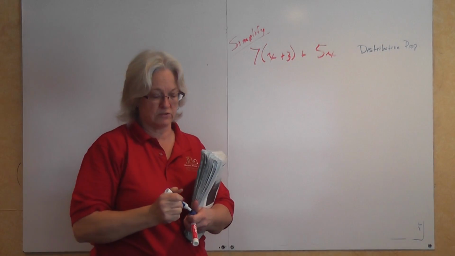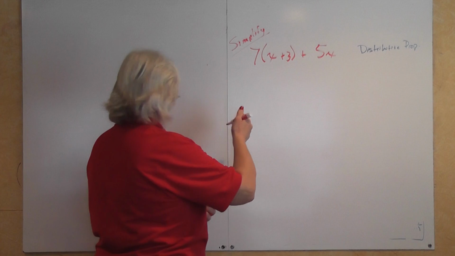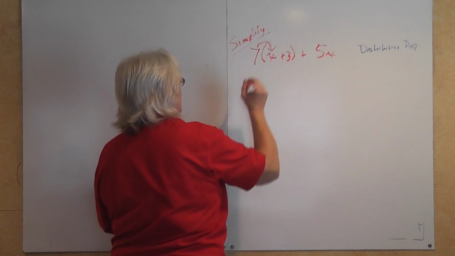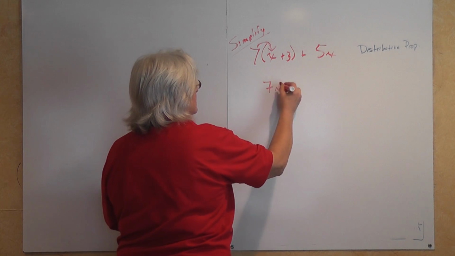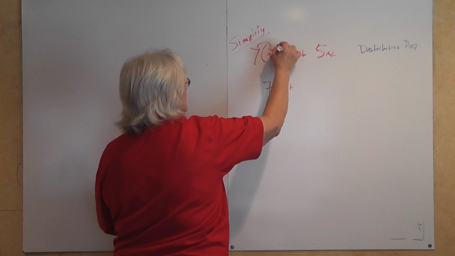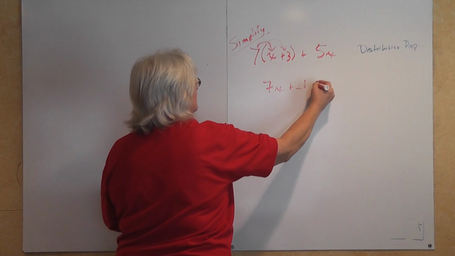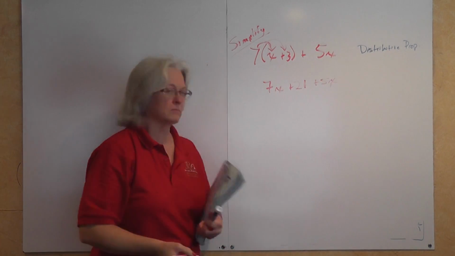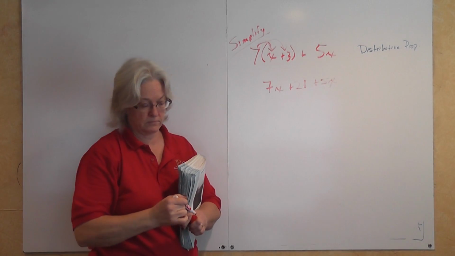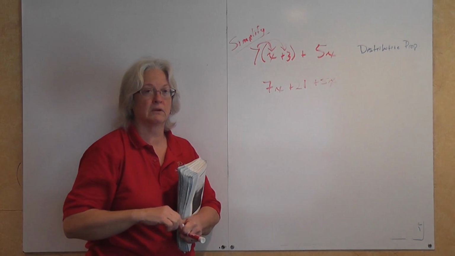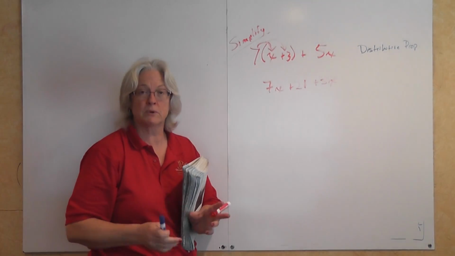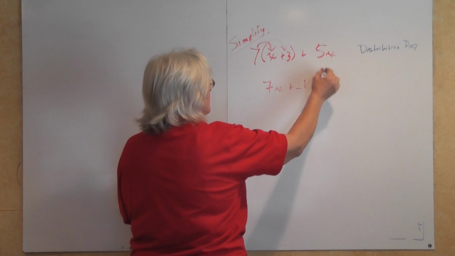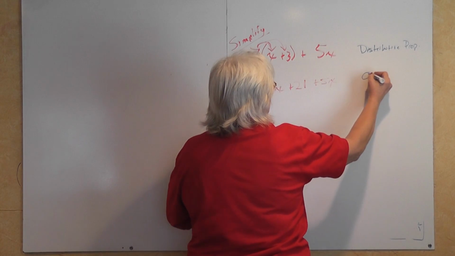When I use the distributive property, I have 7 times x plus 7 times 3 is 21, plus 5x. Now what can I do? I wouldn't necessarily have to do this, but I'm doing it strictly to illustrate that I can change the order around, which is the commutative property.